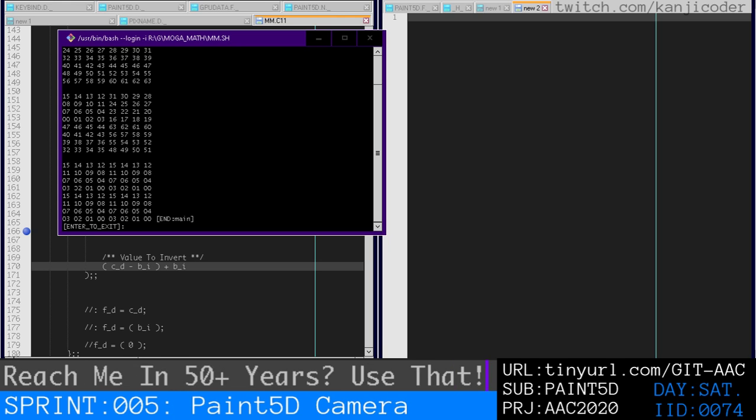Or did we do our inversion? So we have a different value set. 15, 14, 13, 12, 11, 9, 8, 7, 6, 5, 4, 3, 2, 1, 0. We're back going backwards again, aren't we?